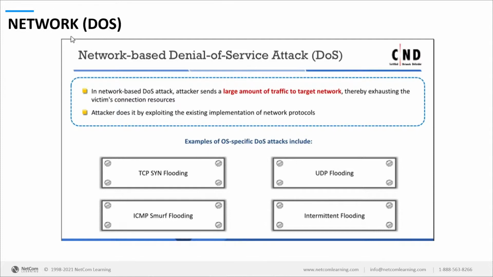But naturally, when 500 or 1,000 come in, it's going to tie up and suck up resources on that machine. The same thing happens with UDP, which is another form of connection, and ICMP, which is a ping attack. So there are ICMP floods, and different ways to overwhelm operating systems with protocol-based attacks.